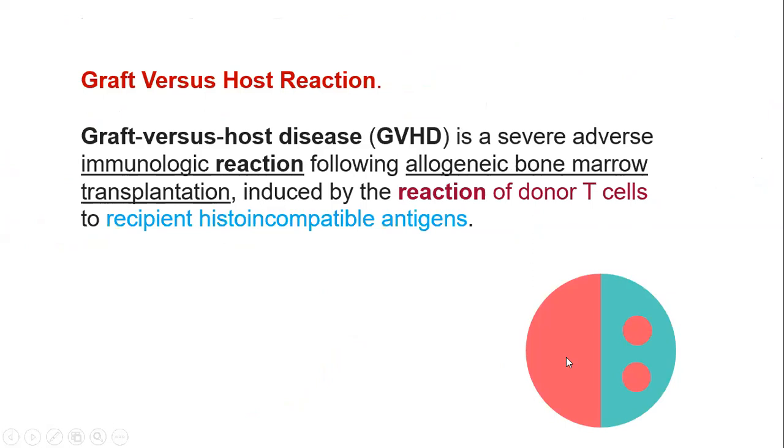These are the donor T lymphocytes, immunocompetent, coming from that bone marrow, and they attack the immunocompromised recipient. So the recipient's histoincompatible antigens are here, and the reaction comes from donor T cells which are immunocompetent, coming from the graft.